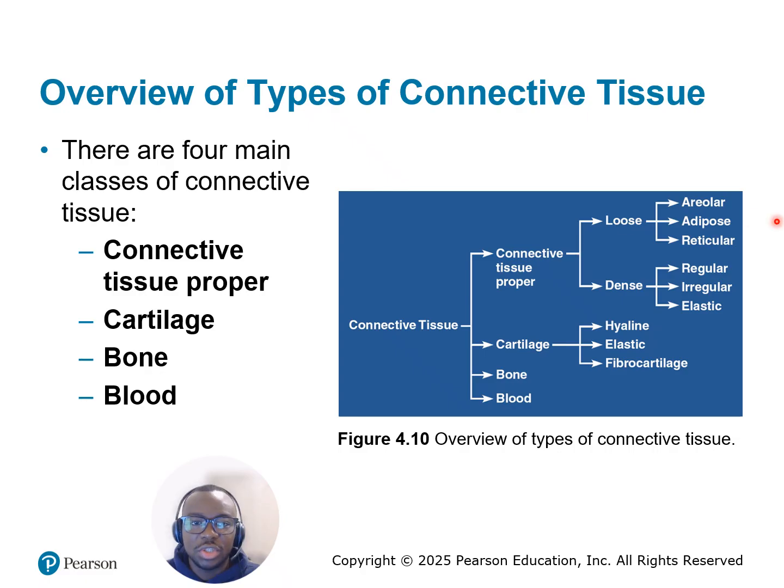Loose connective tissue is subdivided into three subcategories: areolar, adipose, and reticular connective tissue. Dense connective tissue is subdivided into three: regular, irregular, and elastic connective tissue. Cartilage is divided into three subcategories: hyaline cartilage, elastic cartilage, and fibrocartilage. There are no subcategories for bone and blood.